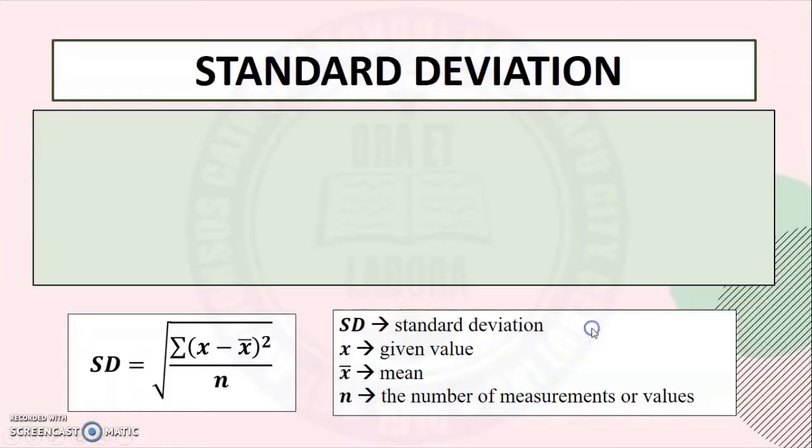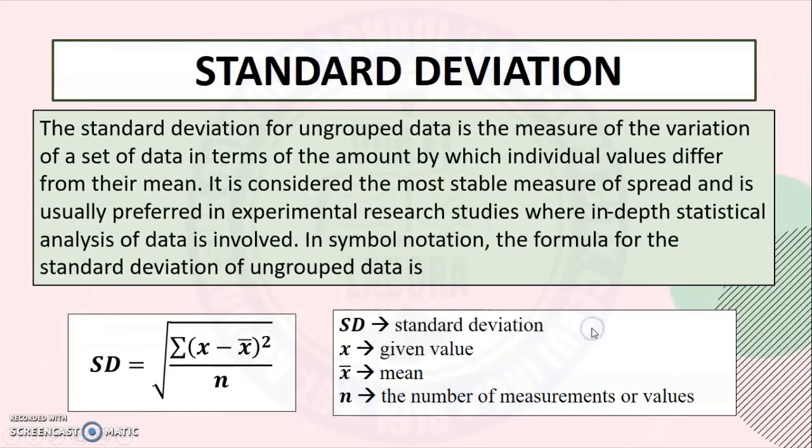So let's begin. What is standard deviation? When we say standard deviation, it is the measure of the variation of a set of data in terms of the amount by which individual values differ from their mean. It is considered the most stable measure of spread and is usually preferred in experimental research studies, where in-depth statistical analysis of data is involved.